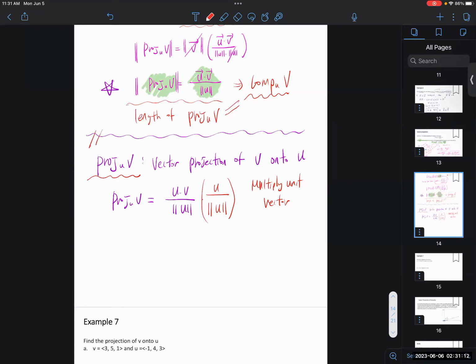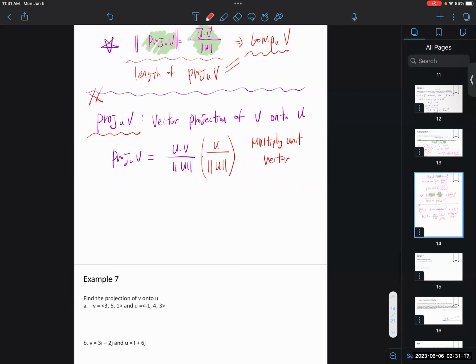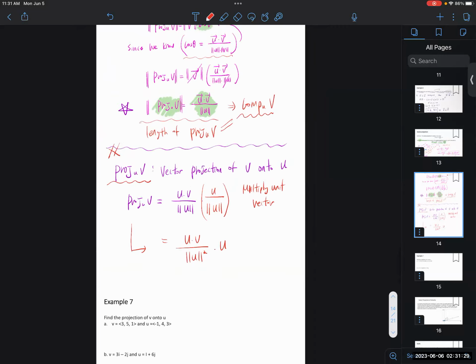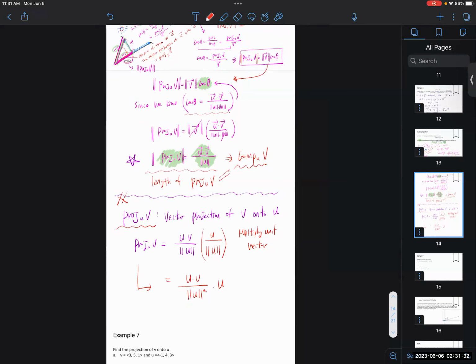This is not the length. Okay. So therefore, the formula is going to be U times V dot product divided by magnitude to the second power times U. So this is the vector projection, and the above one is the length of the vector projection.